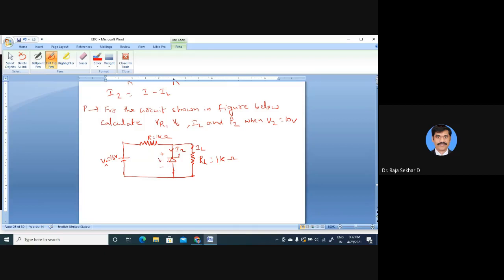And this is VZ, and it is V naught. The voltage across the load resistor RL is V naught.